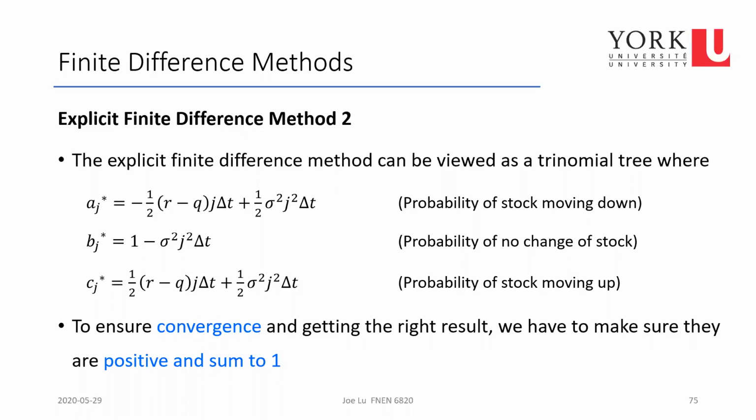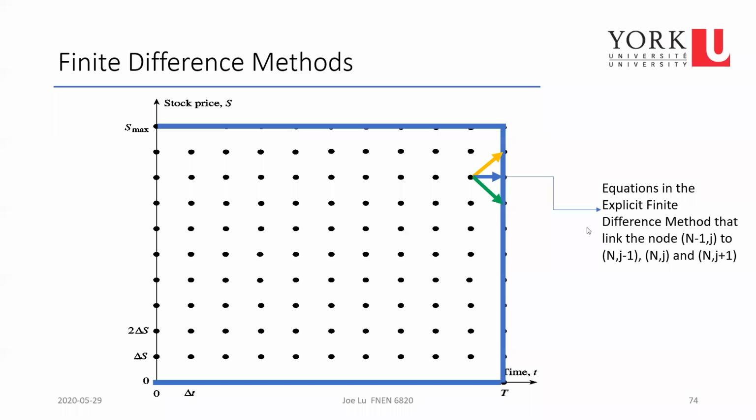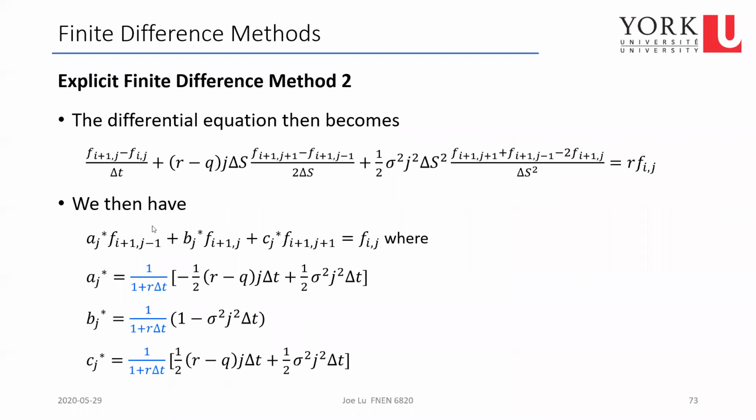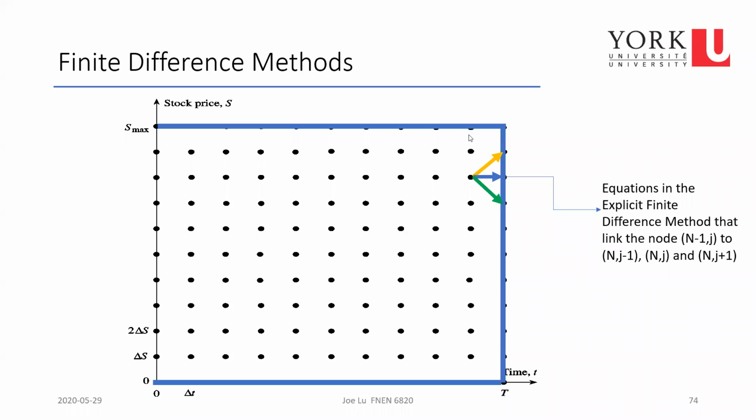Since we know the boundary conditions, for these 3 numbers we can determine this, for these 3 numbers we can determine that. So essentially, out of this equation here, we can determine every F value here, and you repeat that the same way.